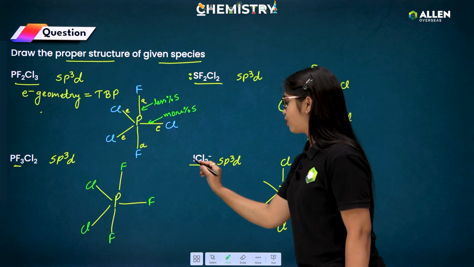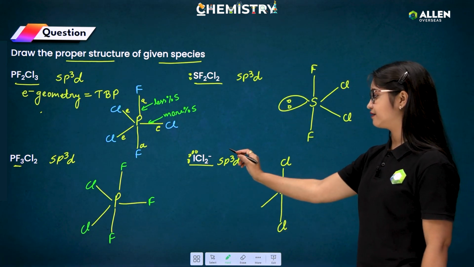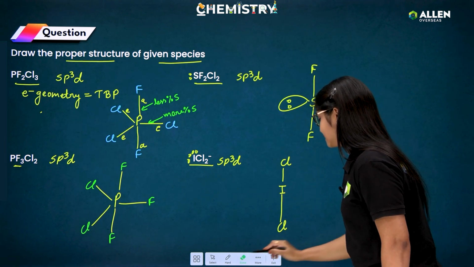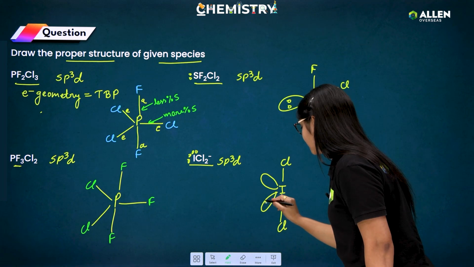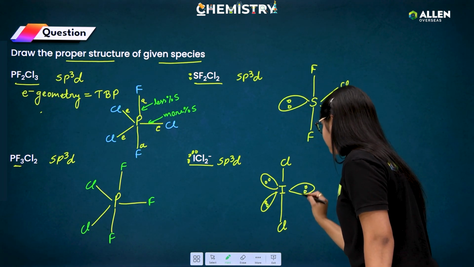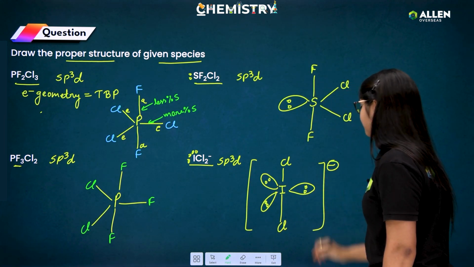And on this iodine there will be 3 lone pairs, given the 1 negative charge. Those 3 lone pairs we are going to place along the equatorial positions, right, like this. This has a negative charge. So this will be the structure.